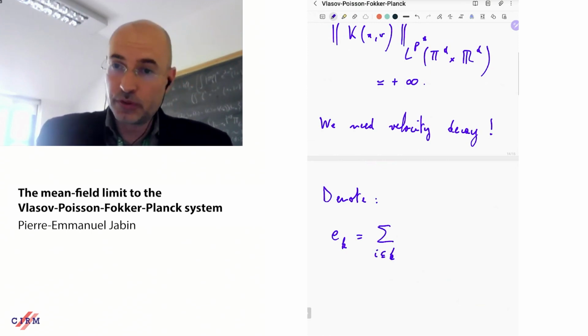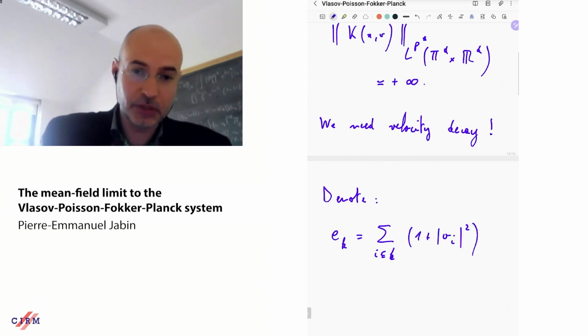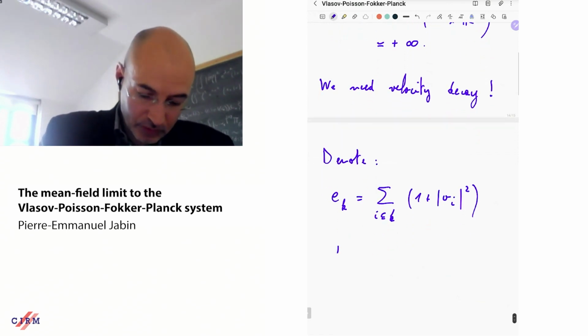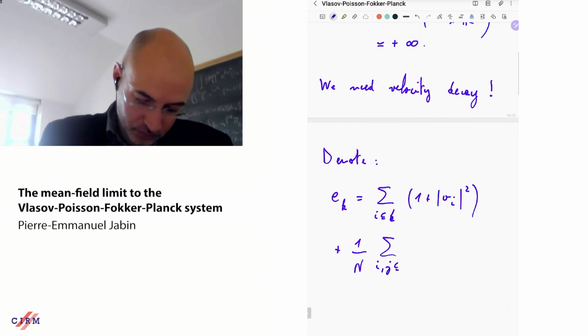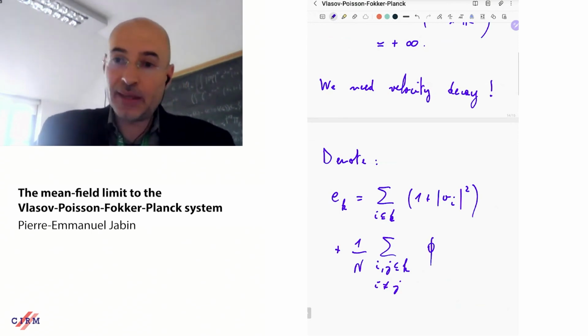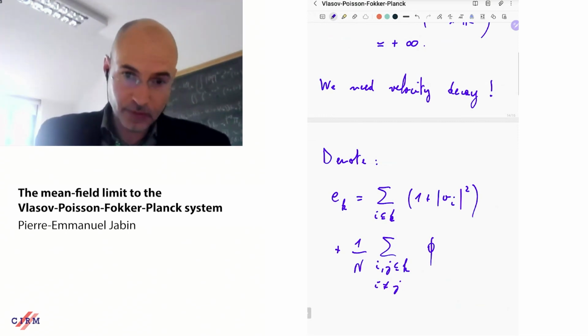And I'm going to put the kinetic energy. Now let me add a 1 as that makes for a slightly nicer estimate, right? And then here I would normally add the potential energy. But I'm only adding the piece of the potential energy that corresponds again to this system.